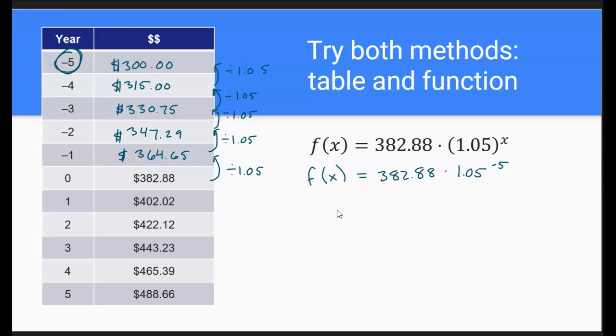I put that in my calculator and I get 299.996, which rounds up to 300. Get the exact same thing we got up here. So we can use the equation that we already figured out as a shortcut to go back 5 years, or to go forward 5 years, or any number of years.